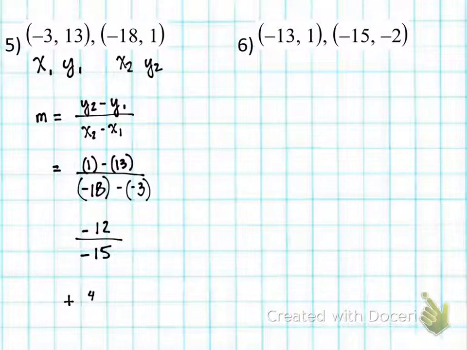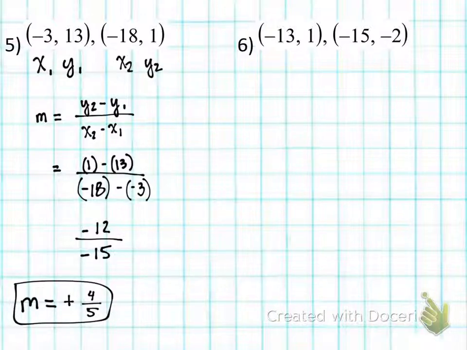Please pay attention when I'm asking questions. So 3 goes into 12 4 times, and 3 goes into 15 5 times. So your slope, you're supposed to write m is equal to positive 4/5. Can't you put a negative sign? Just one negative sign? No. That's wrong. This is different because you have a negative divided by negative becomes a positive. Number 6 by yourself, go.